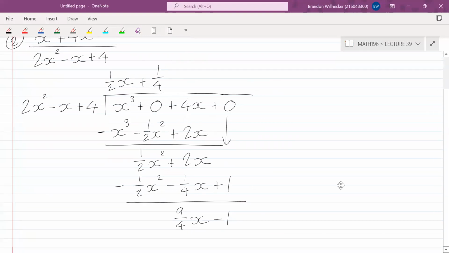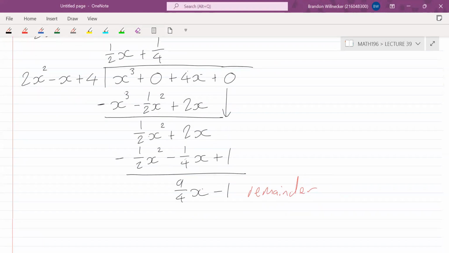Okay, now we see that we're left with 9/4 x minus 1 divided by 2x squared minus x plus 4, but already the degree of the numerator in that case would be less than the degree of the denominator. So we stop here and we call this the remainder part. Okay, so we've got the whole polynomial part, and then we've got the remainder part left over.